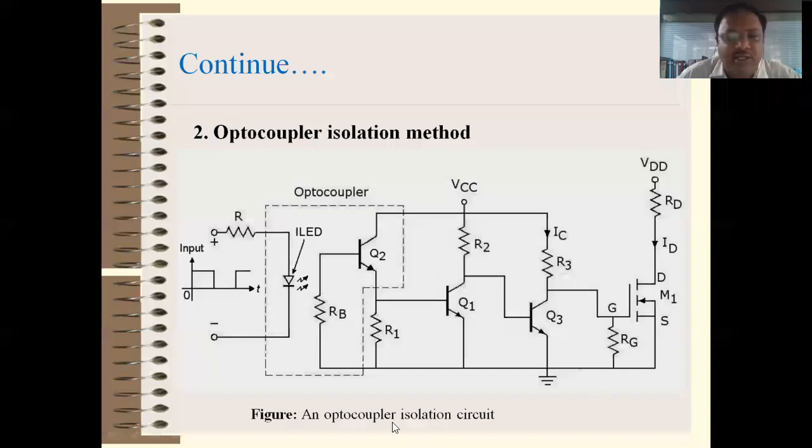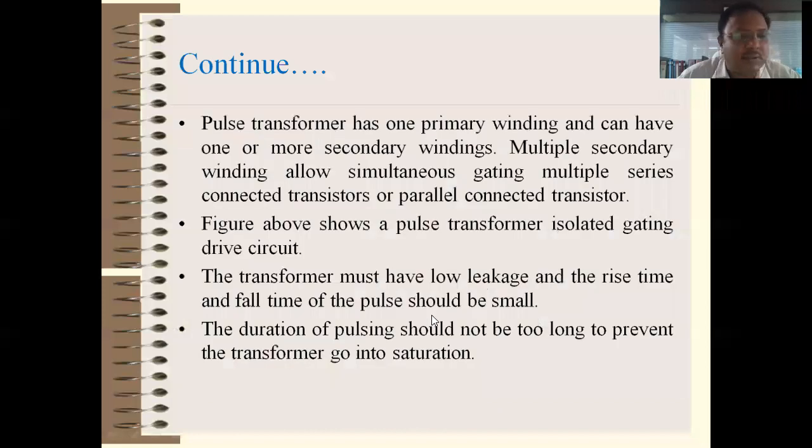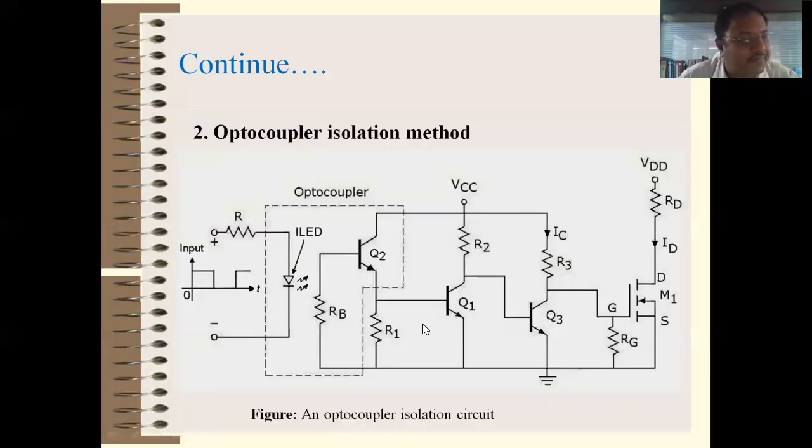So this is a circuit in front of you. So it has not changed. Optocoupler isolation method. I think it is still not changed.